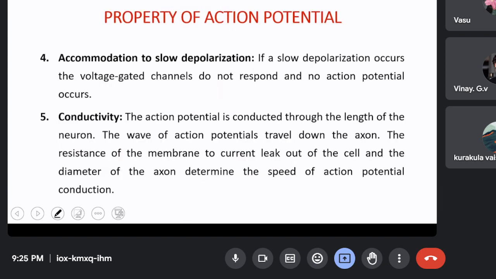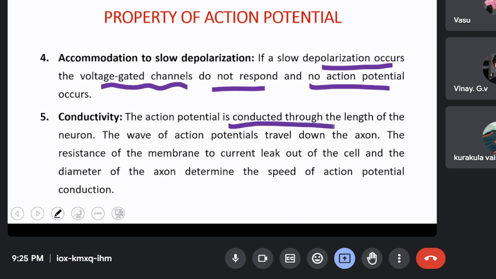And next one is accommodation to slow depolarization. If a slow depolarization occurs, the voltage gated channels do not respond and no action potential occurs. So depolarization should never be slow. And there is another property called conductivity. The action potential is conducted through the length of the neuron.